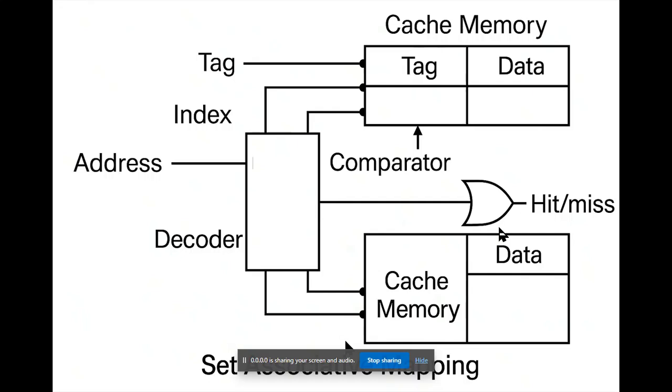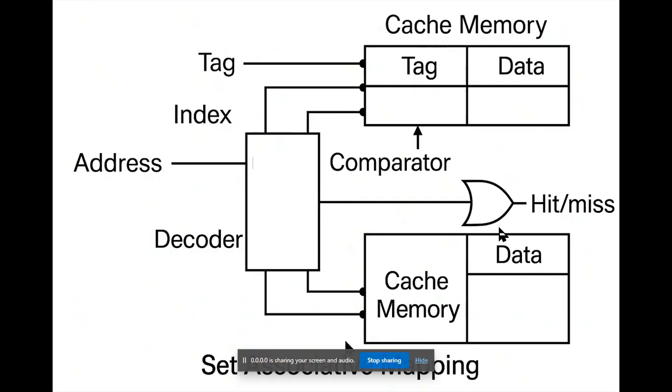So in the systematic function of this set associative mapping, the address is broken down. The CPU sends a memory address that splits into tag, index, and offset. Then the set selection takes place: the index bits choose which set to examine. After that, the tag matching comes. The comparators check both ways in the set to see if the tag matches any valid blocks.